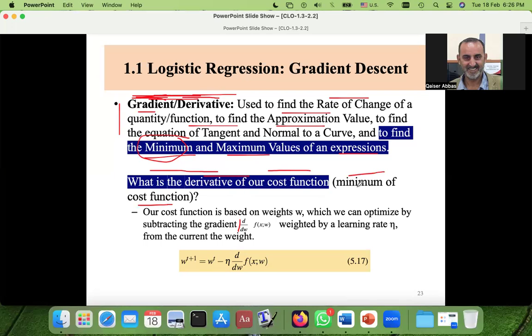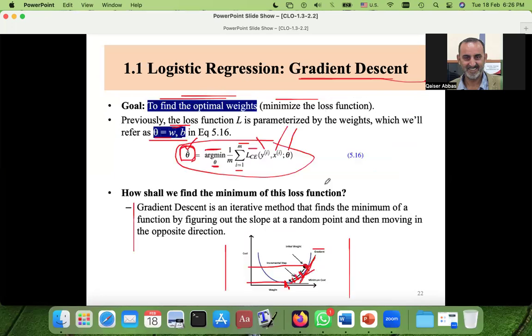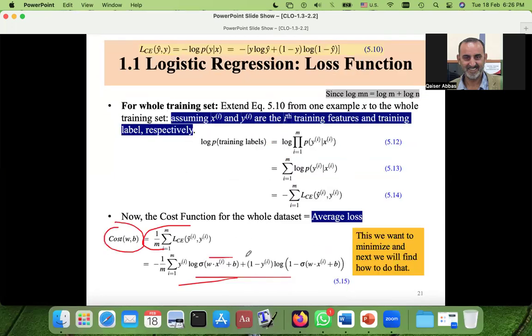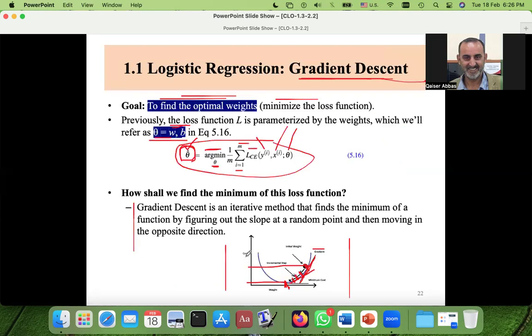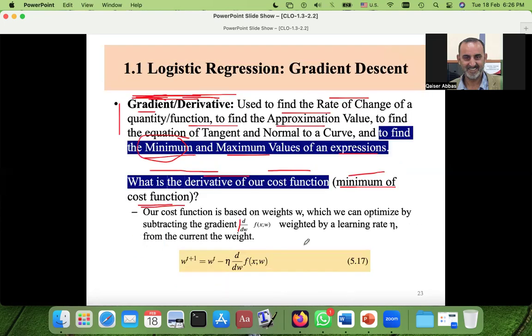So then how can we find the minimum of our cost function? Our cost function from our previous equation is based on weights. So if weights are there, how can we do that? We can optimize these weights by subtracting this value.